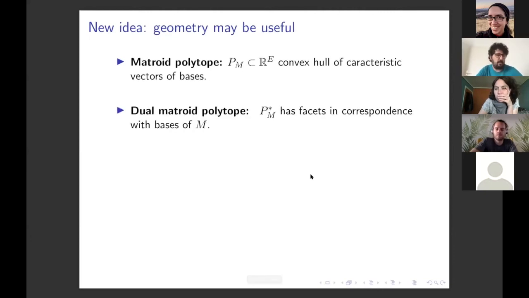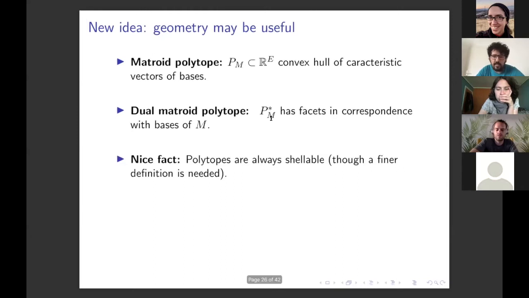Don't worry too much if you don't know exactly what that is. And then there is a dual matroid polytope, and it doesn't really matter which geometric realization you choose, but the important thing is that the facets of this polytope are in correspondence with the bases of M, or the facets of the independence complex. So there's this very nice bijection.